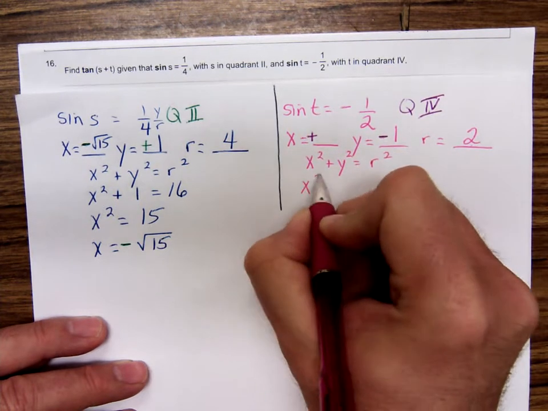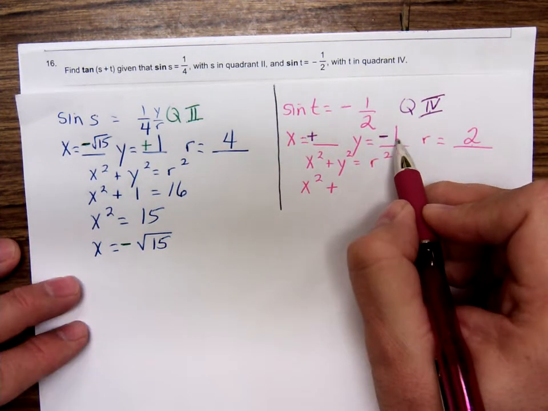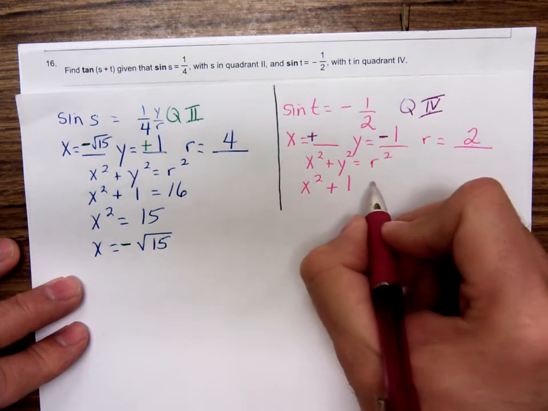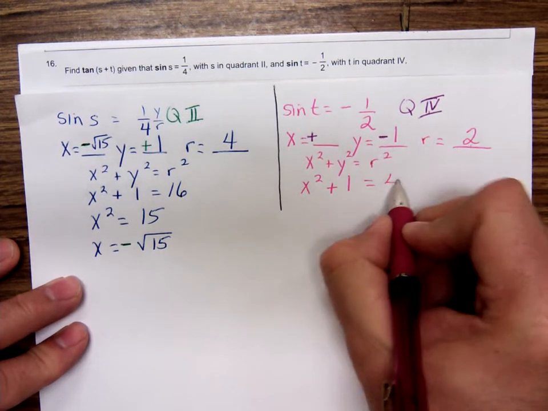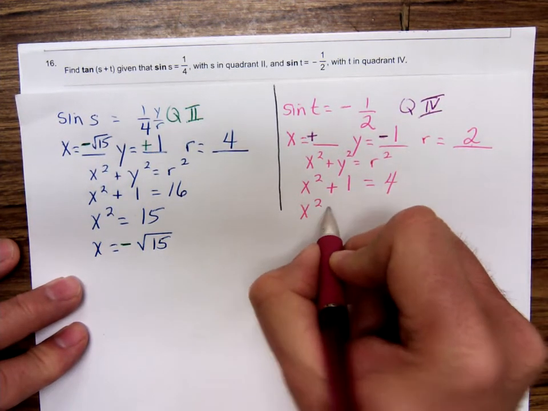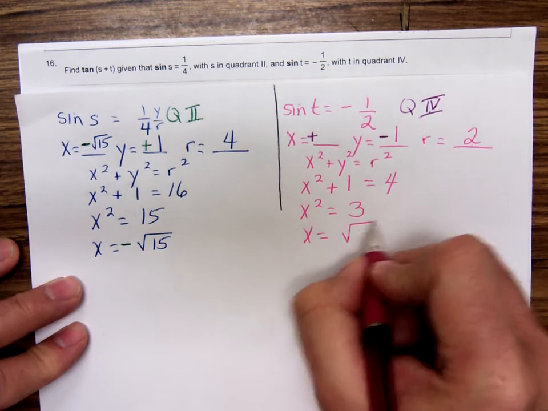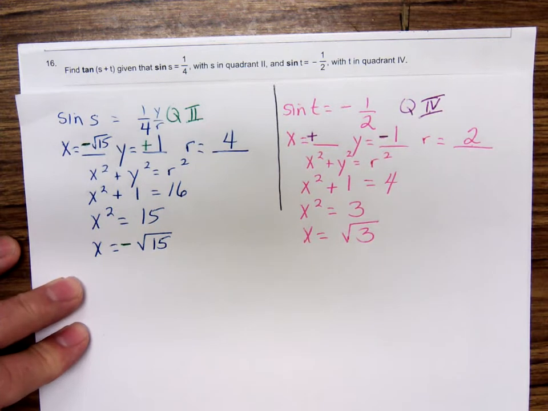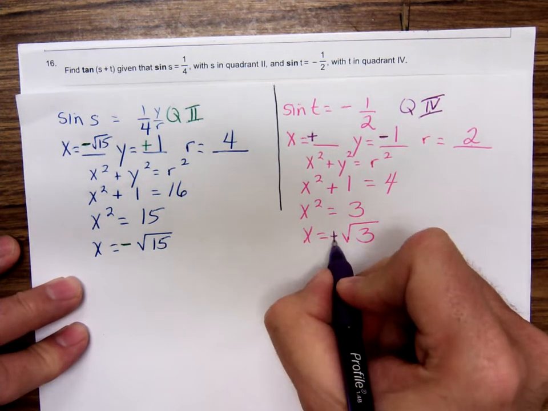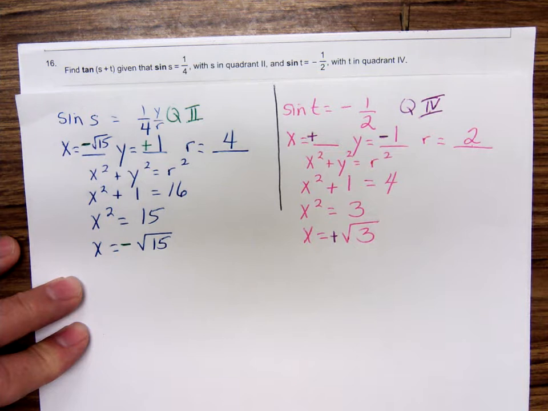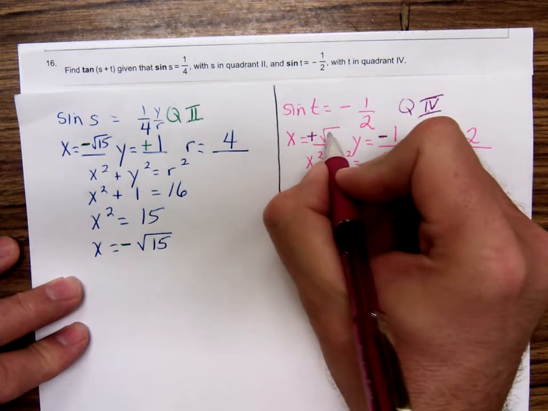So X squared plus negative 1 times negative 1 is just a 1. 2 times 2 is 4. So we have X squared equals 3. So X would be, in this case, the positive square root of 3. And we knew it had to be positive, not negative, because we're in quadrant 4.